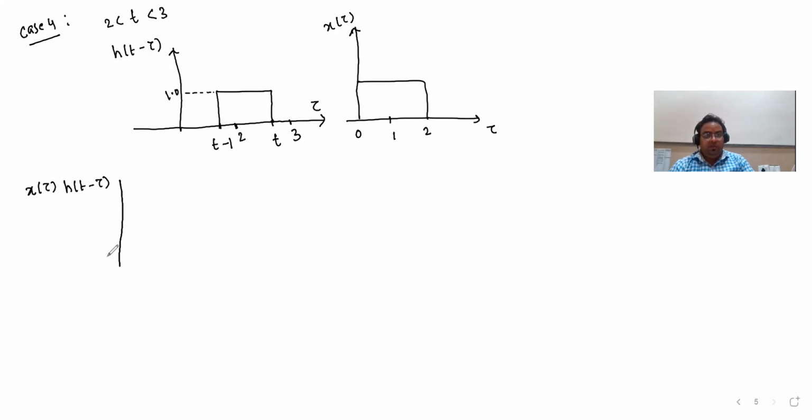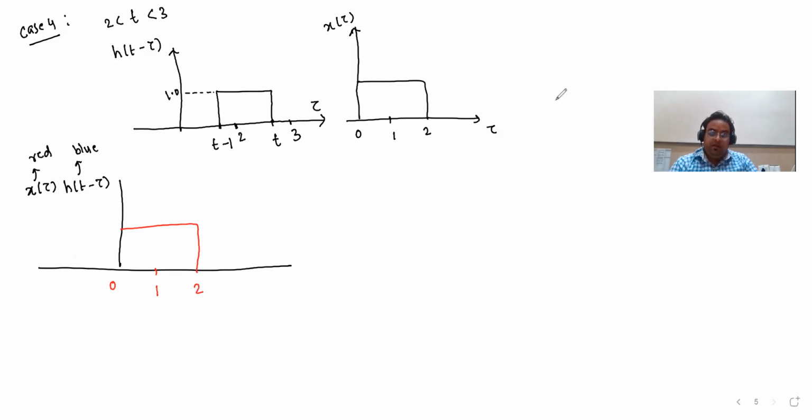I'll make x of tau in red and h of t minus tau in blue. x of tau is from 0 to 2.